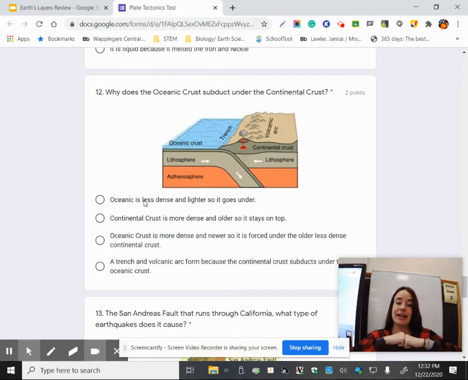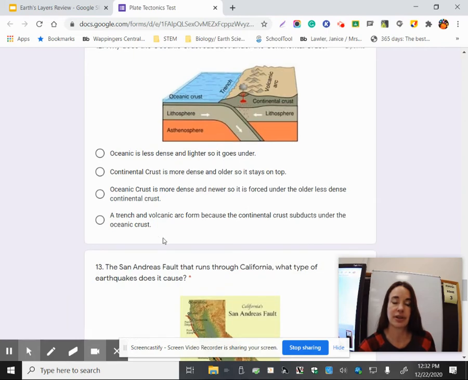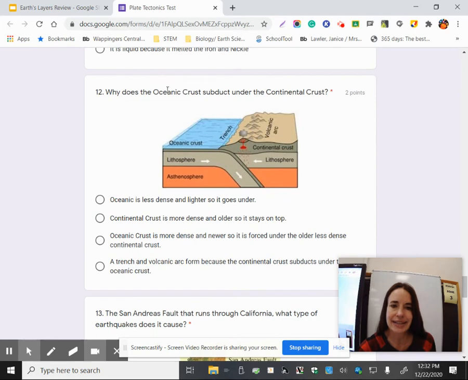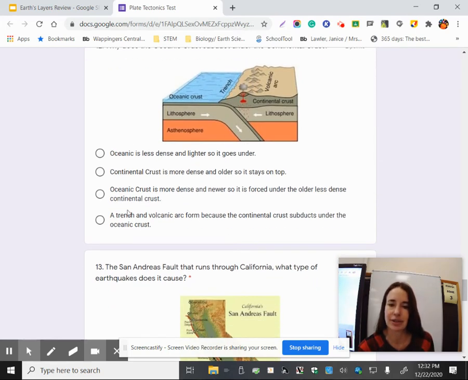Or is there a trench and volcanic arc that form because the continental crust subducts underneath the ocean crust? So we want to know, why does the oceanic crust go underneath the continental crust? Make sure we don't get confused with what happens when that happens, or why it actually happens.